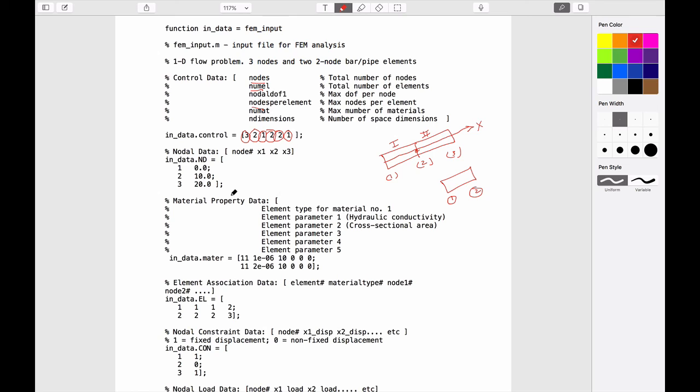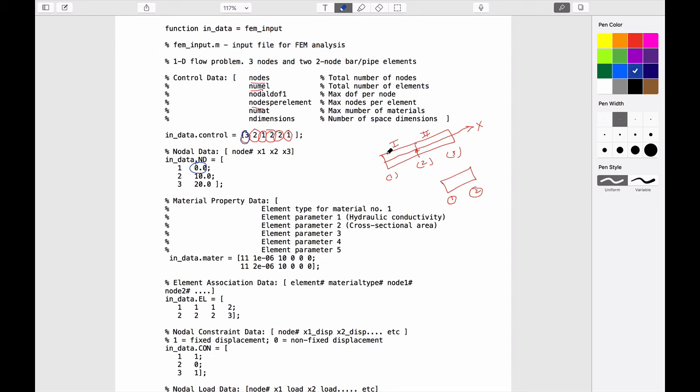The nodal data. We have 3 nodes. We've told it already that we have 3 nodes, which is here. So we're going to need information for 3 nodes. We have a node number, 1, 2, or 3. We have a node X coordinate. We don't have Y or Z coordinates. Node number 1 is 0.